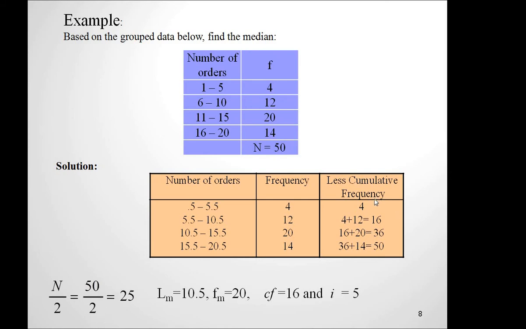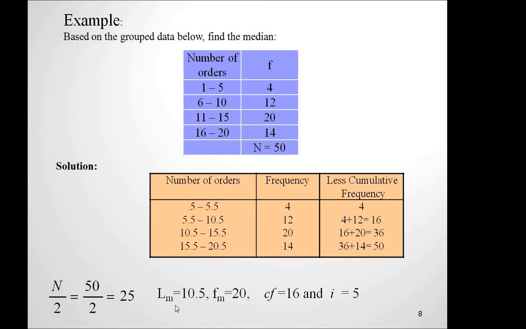Now we search in the LCF column where it equals or exceeds n by 2 for the first time. This 4 is less than 25, 16 is less than 25, this 36 is greater than 25. Hence, this is our median class.